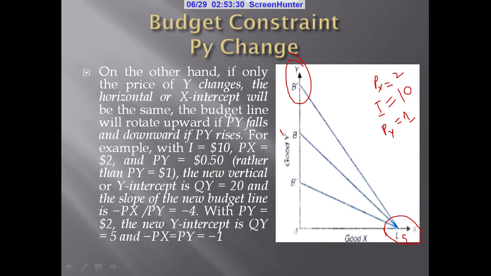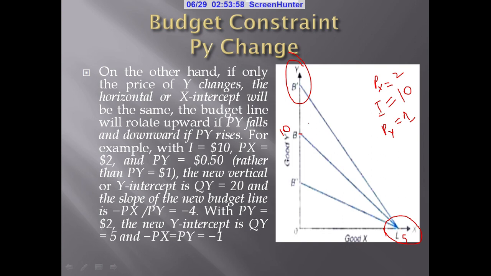So the vertical intercept in this situation equals 10. The individual is able to buy 10 units of Y with income equal to $10 and price of Y equal to 1, and expenditure on X equal to 0. This is the vertical intercept.